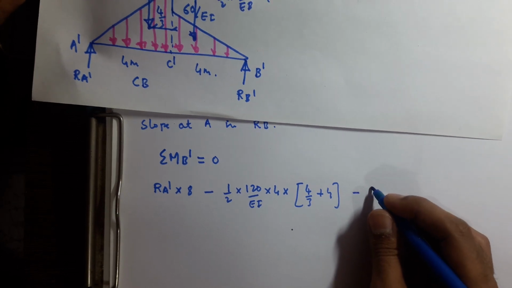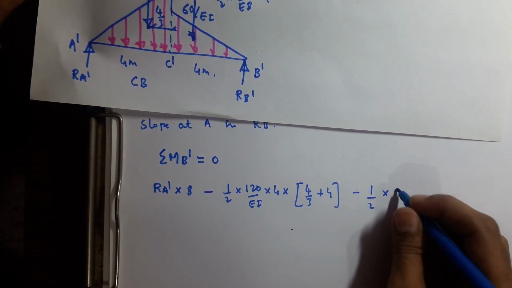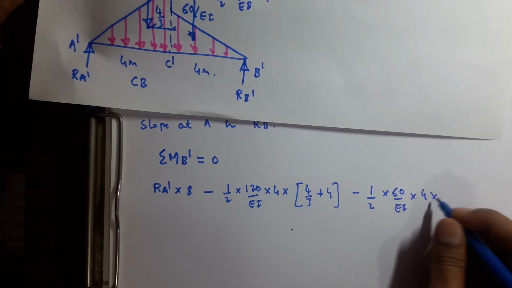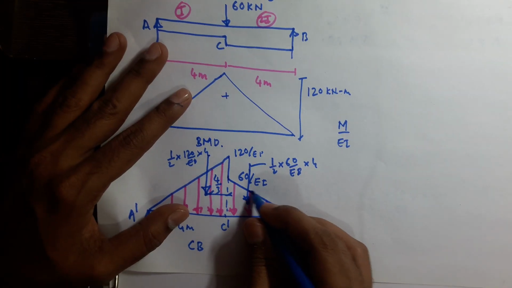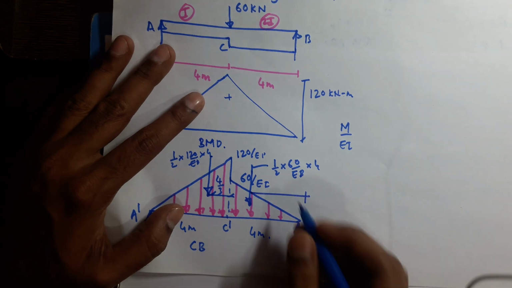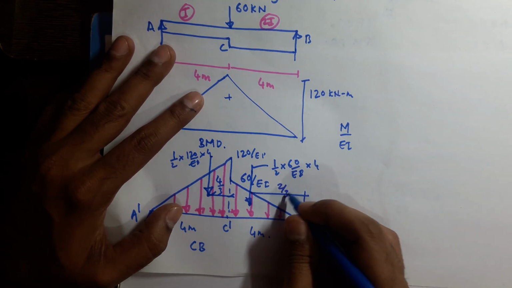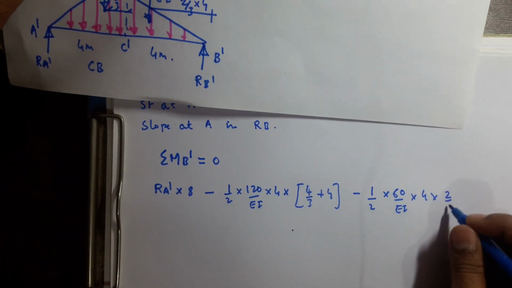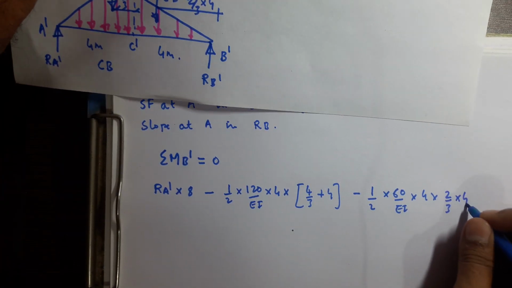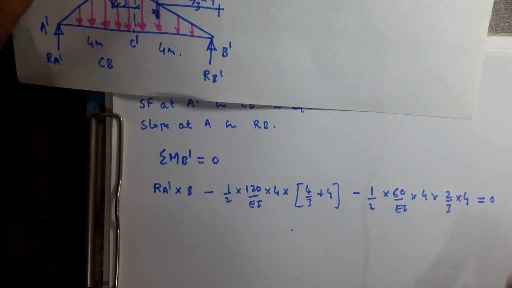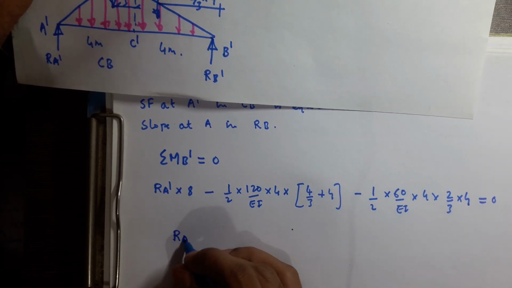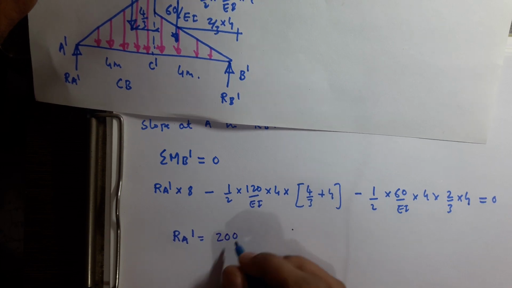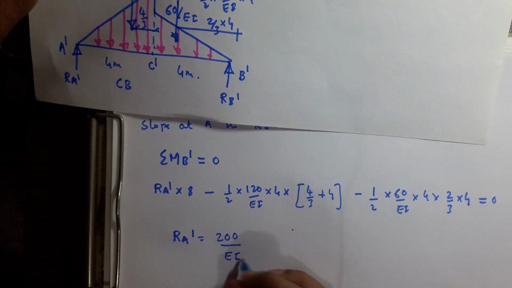Write down here, minus half into 60 by EI into 4, and centroidal distance from B dash will be 2 by 3 factor into base. Okay, you know this, 2 by 3 into 4 equals to 0. So RA dash you will be getting by solving this equation, RA dash equals to 200 by EI.